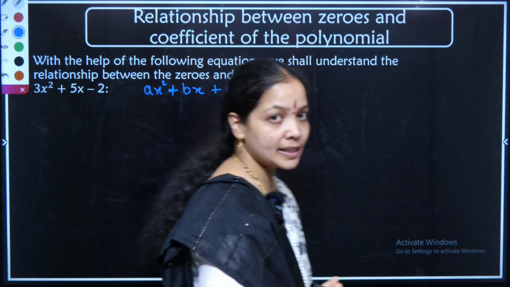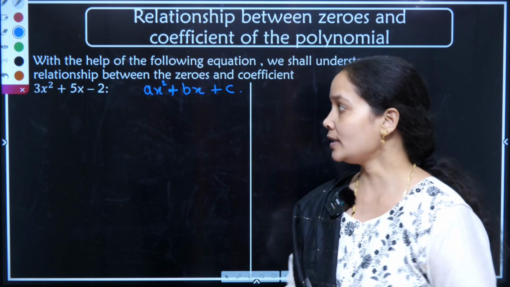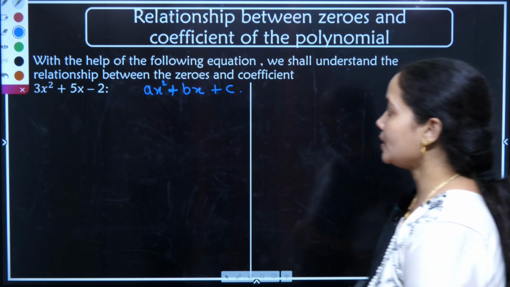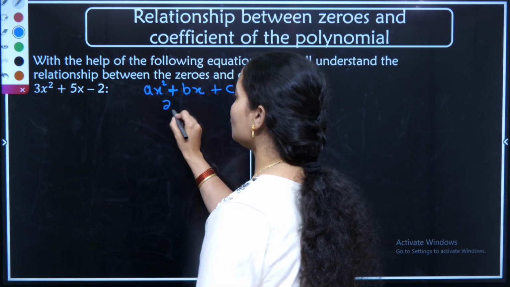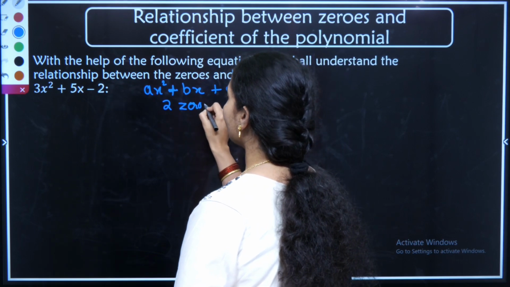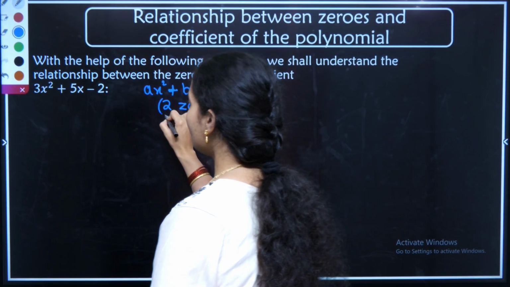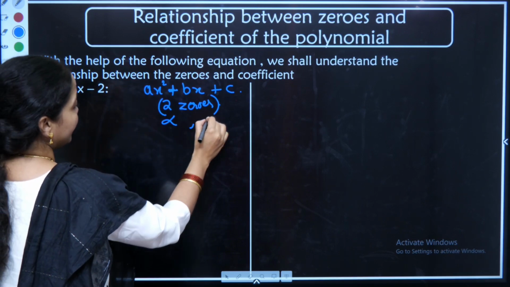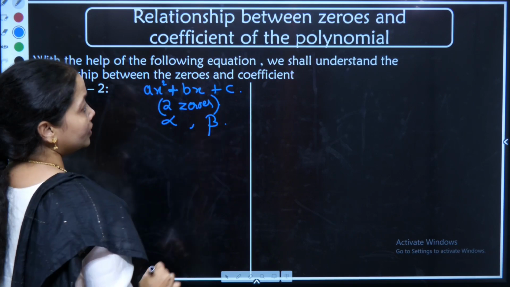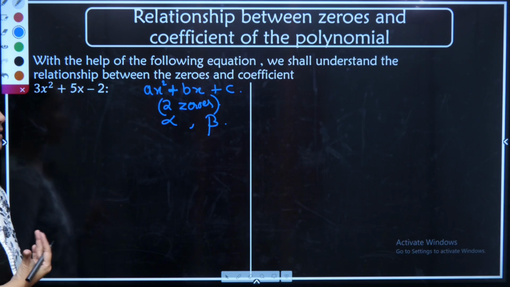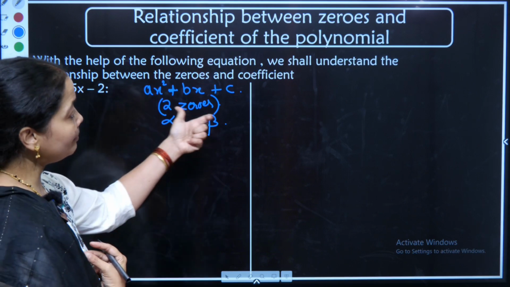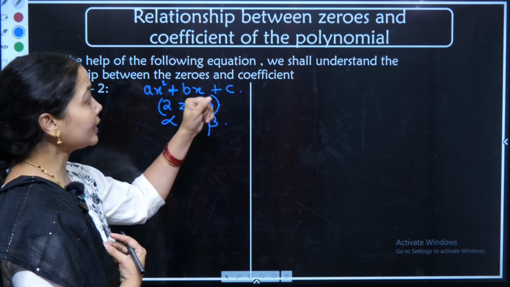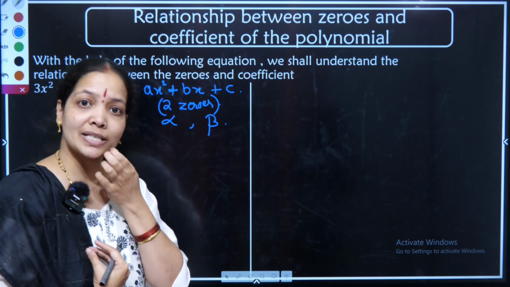Whenever an equation is quadratic, I should have two zeros or two roots for it. I have also told you, if it is a quadratic format, the first zero is alpha, the second zero is beta. So in this chapter, they are giving us a relationship between alpha and beta, and a technique through which I can easily verify them as well.